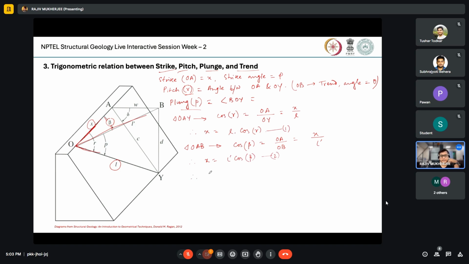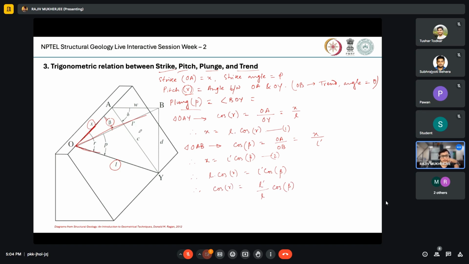Therefore, L into cosine of r is equal to L prime cosine of beta. Therefore, cosine of r is basically L prime by L cosine of beta.